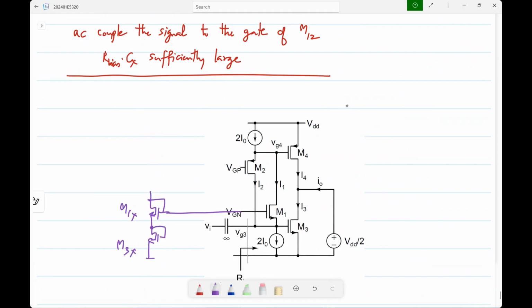It means that this is a replica of M1, that is a replica of M3. Okay. And then you have some bias current here. What happens is this current will be related to that bias current. It's like a current mirror between this one and that one. Instead of a single transistor, you have two transistors, that's all.